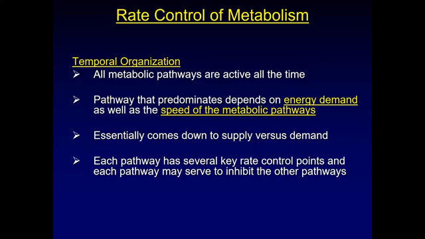And at its regular speed, can that pathway provide energy? And so it essentially comes down to supply versus demand. To do an activity, I have a certain ATP demand. I must supply it. No matter what, to do the activity, I must supply it.